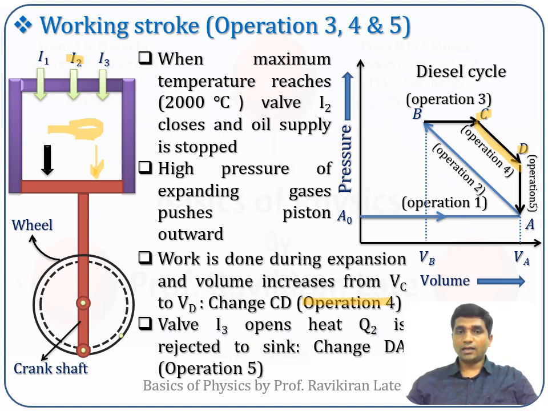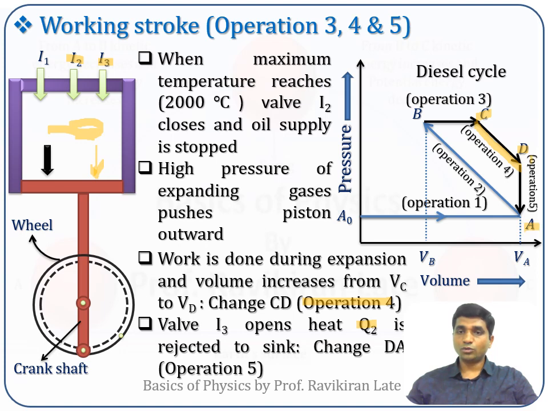In the next operation, operation number 5, valve I3 opens, and the unused amount of heat inside this cylinder is rejected to the sink, which is at a lower temperature compared to the source. This change is represented by the curve DA.